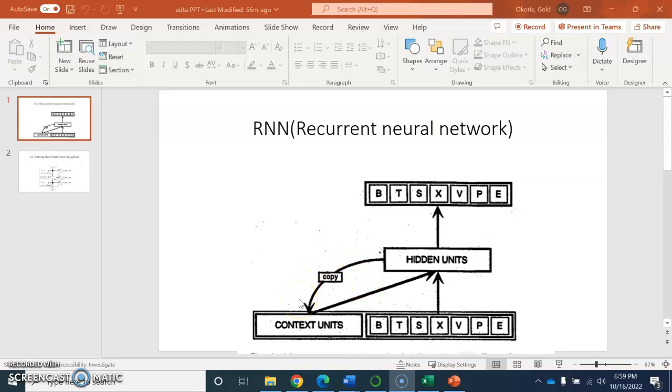They use the feedback loop connected to their past decisions, where they ingest their own inputs moments after. They get their outputs a moment after their inputs. So I just wanted to show this diagram so we can get a better understanding of RNN.